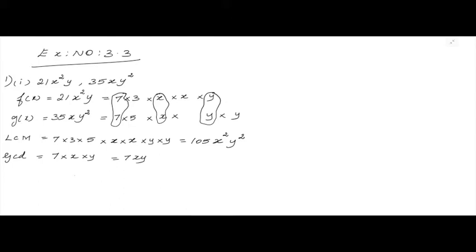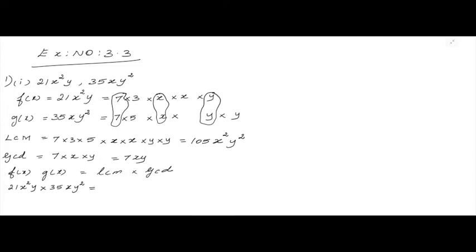So we are asked to find LCM and GCD, we have found, and now we have to verify it. That is, f of x into g of x is equal to LCM into GCD. What is your f of x? F of x is 21 x square y into g of x is 35 x y square. You have to see whether you are getting the same.